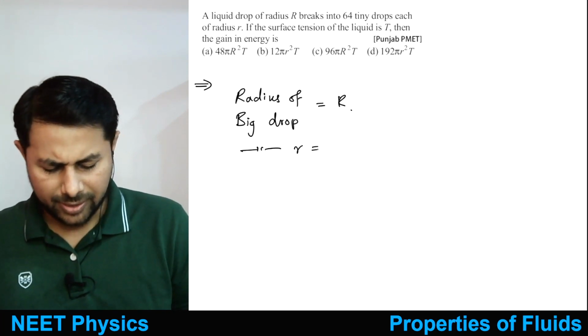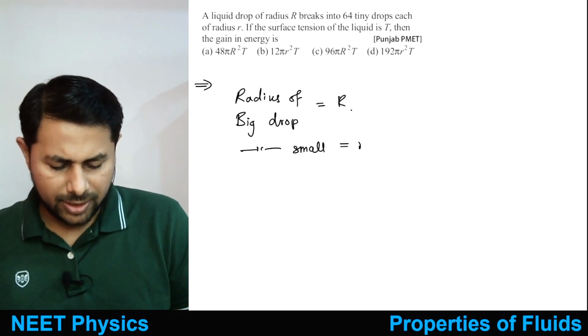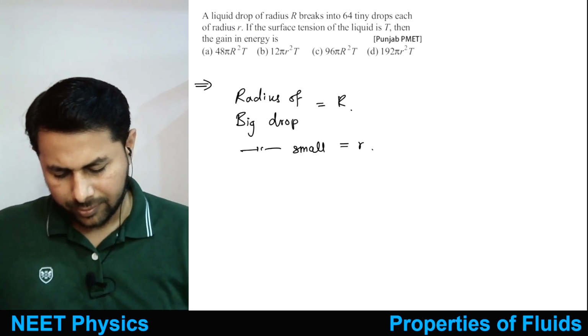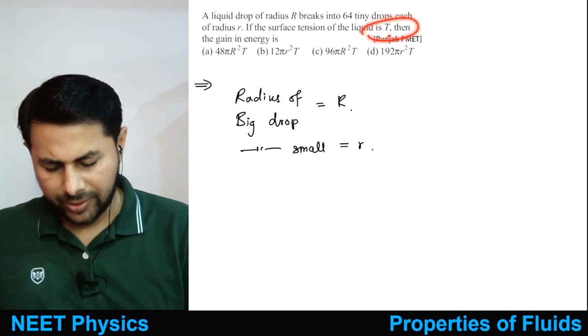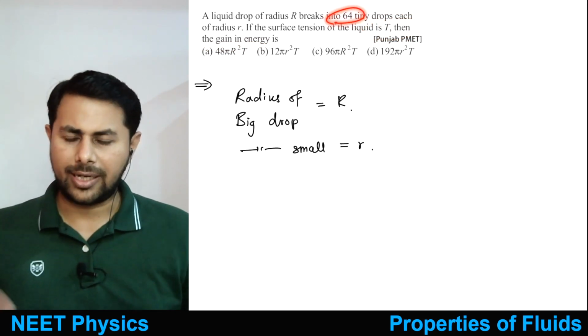It's given actually. The surface tension is also given. Then gain in energy is, so this drop breaks into 64 tiny drops.